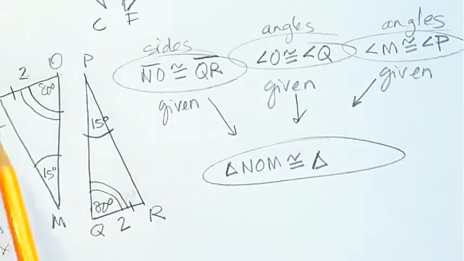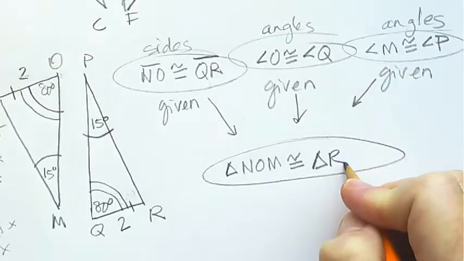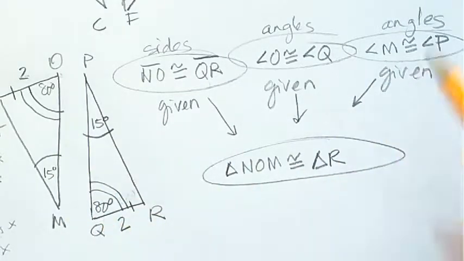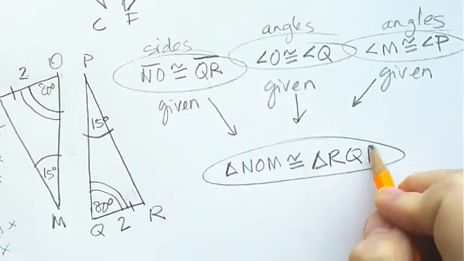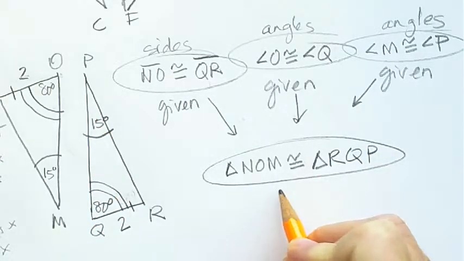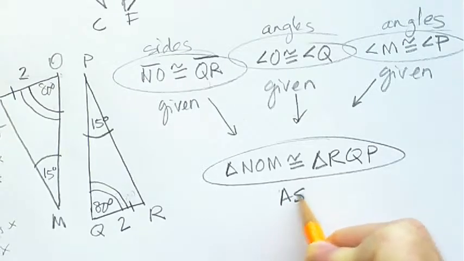Let me make sure I match these up right. Let's see, N corresponds to R, so I'm going to put R first. O corresponds to Q, so Q is going to go second. So RQP. And the reason I know that's true is angle angle side forces 2 triangles to be congruent.